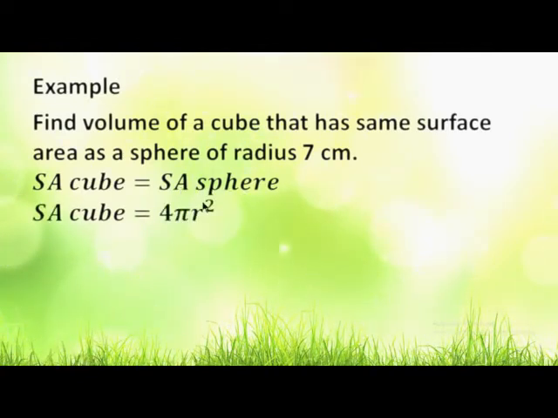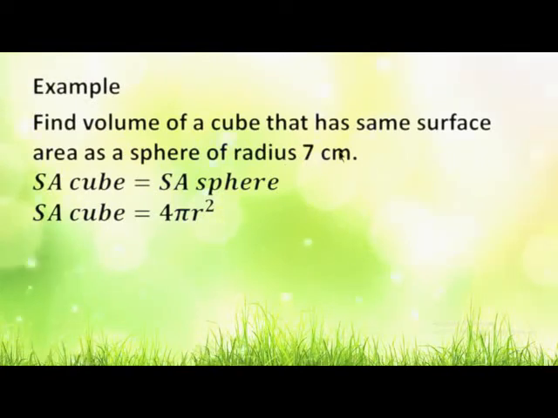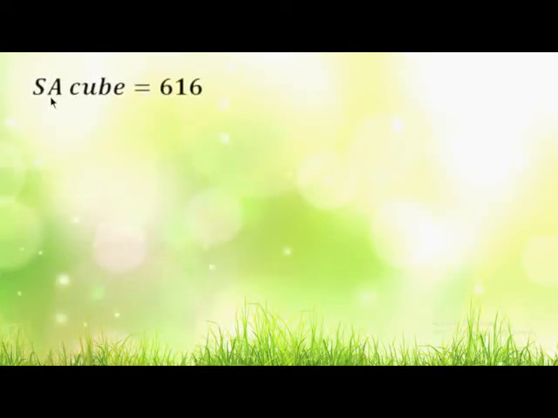So the surface area of the cube equals 4 times pi r square, because this is the formula for the surface area of a sphere. The radius is 7 centimeters. So the surface area of the cube equals 4 times pi times 7 square. You'll find that the surface area of the cube is 616. The problem asks for the volume of the cube.